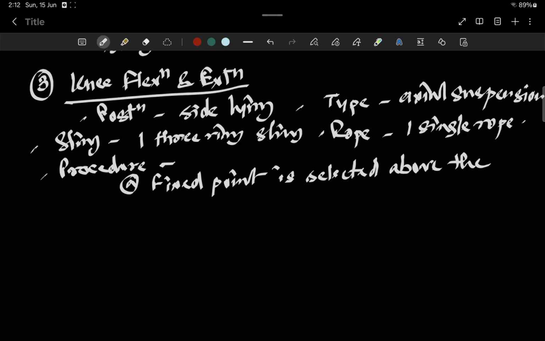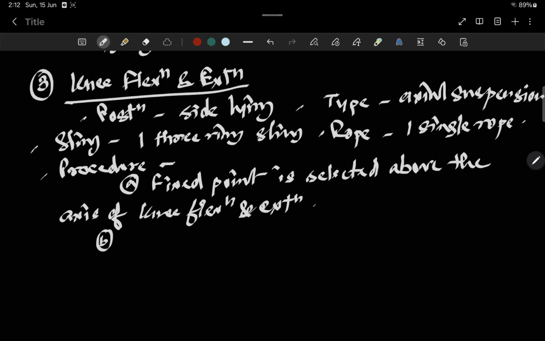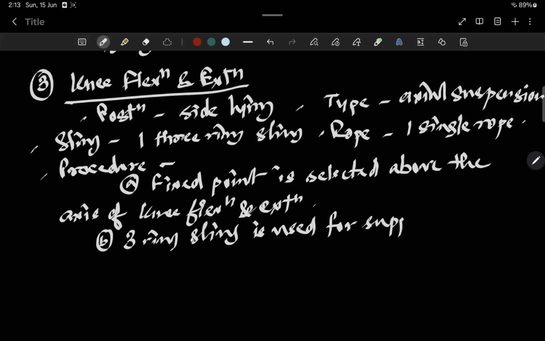In this writing only the three ring sling is attached, so the fixed point is selected above the axis of knee flexion and extension. Then the three ring sling is used for supporting the ankle.